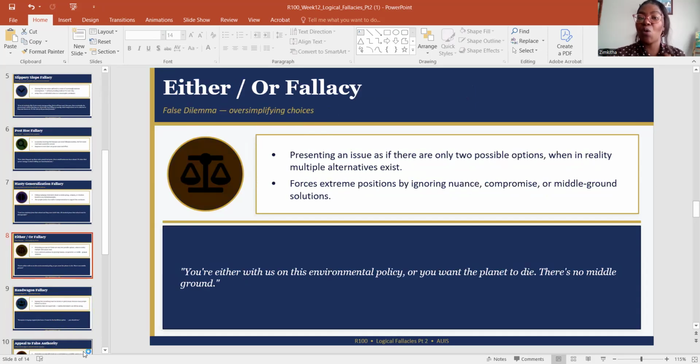Then we have the either-or fallacy. And this is pretty clear. It's like a false dilemma. It's like oversimplifying things. You're either with us on this environmental policy or you want the planet to die. There's no middle ground. It's like saying either the red pole or the blue pole. The problem with this fallacy is that it's presenting only two options, making it seem as if only two options are available, but that's not true.